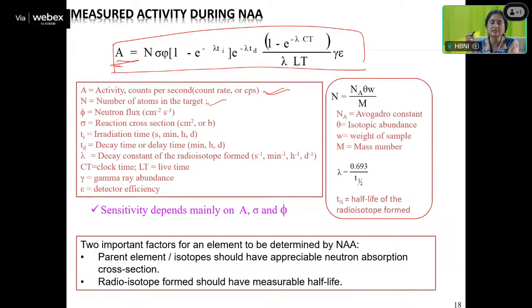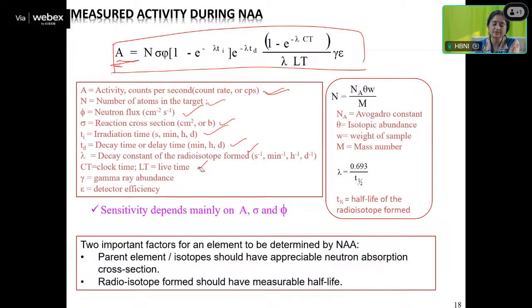N is the number of atoms in the target, meaning your analyte atoms. Phi is the neutron flux. Sigma is the reaction cross section of the element you are going to analyze, its neutron absorption cross section. T is the irradiation time, TD is the decay time or delay time. Lambda is the decay constant of the radioisotope formed, CT is the clock time, LT is the live time, then gamma ray abundance, and then detector efficiency.